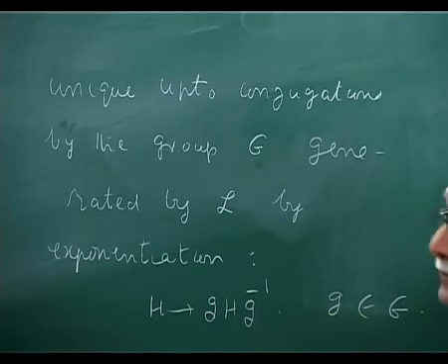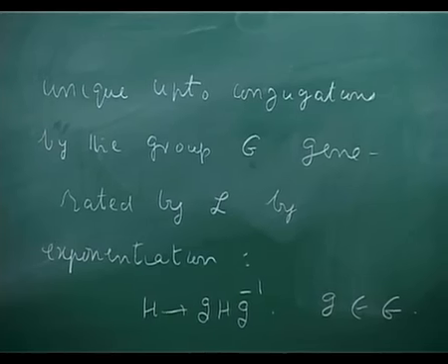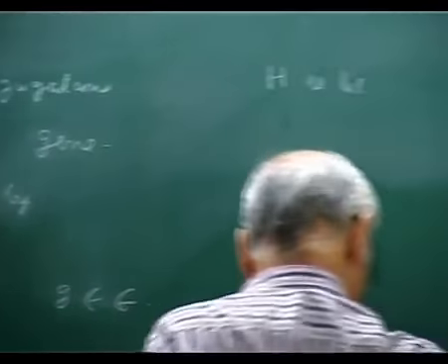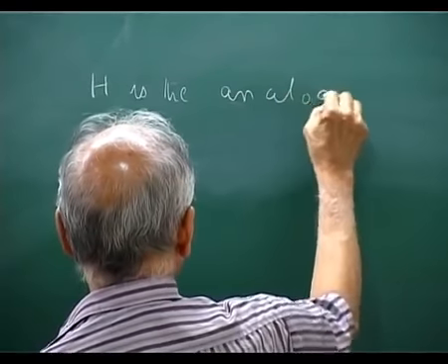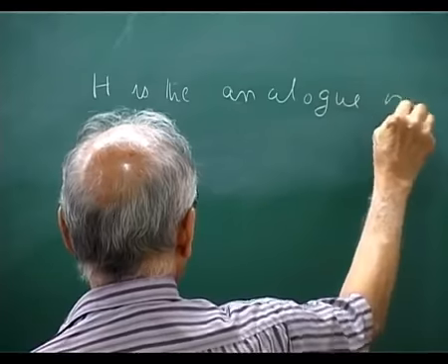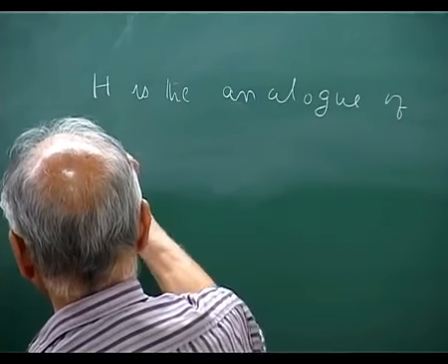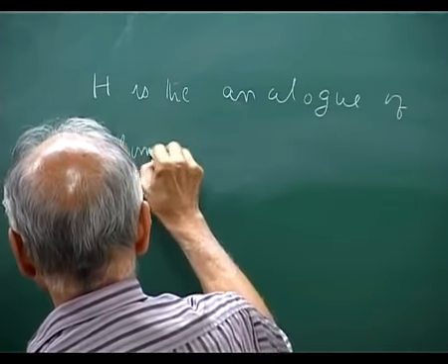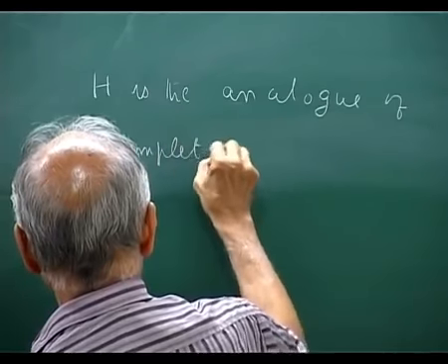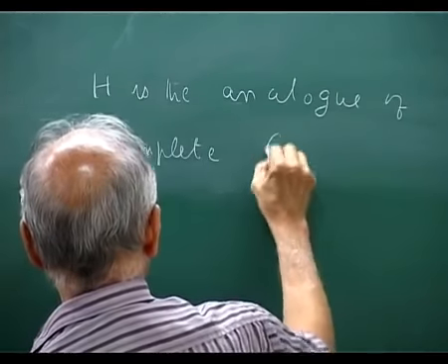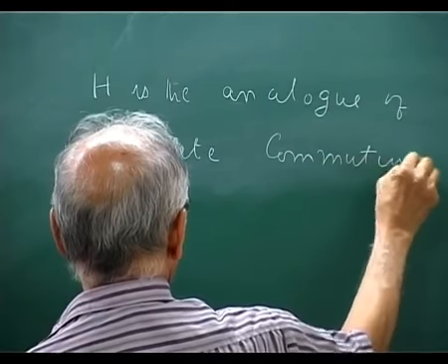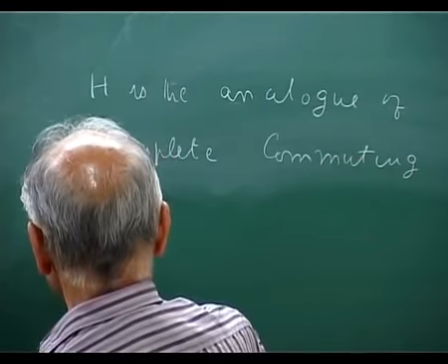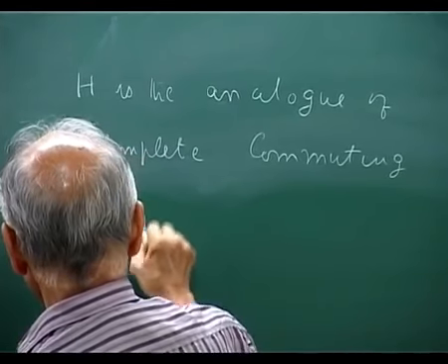This H here is the analog of the complete commuting set of Dirac.